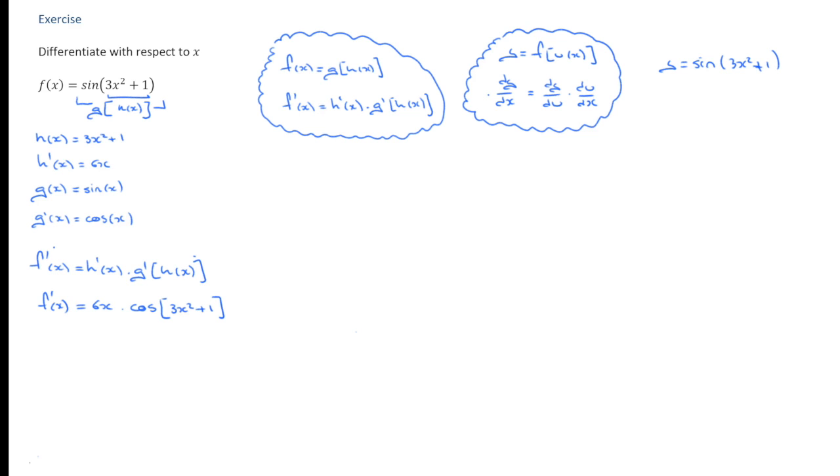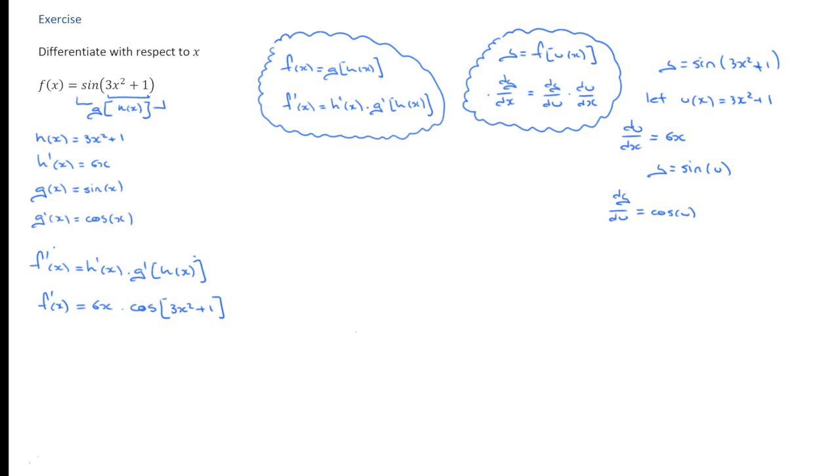So here's the idea. If we let u of x equal 3x squared plus 1, in other words, we've just defined a new variable called u, then of course du dx equals 6x. And we can rewrite our function y as y equals sine of u. And so the idea now is to treat u as a variable, just in the same way as we would when we have sine of x, and write dy du equals cosine of u.